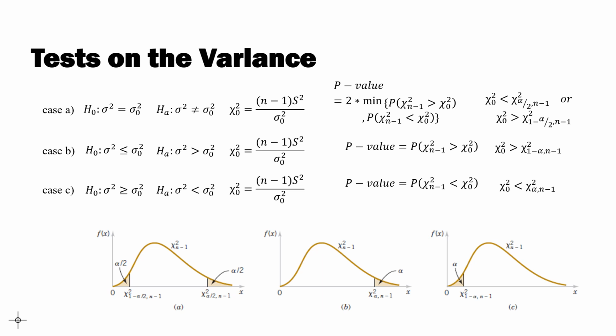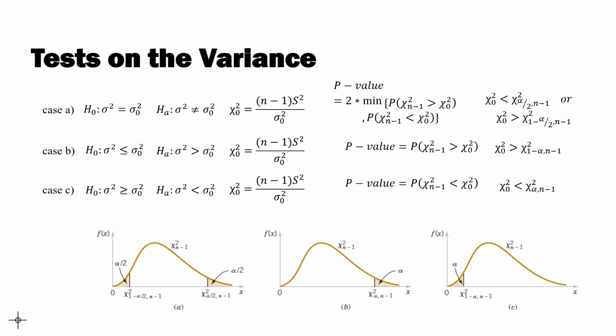The lower-tailed test, case C, is used when we are specifically testing whether the population variance is smaller than the hypothesized value as stated in the alternative hypothesis. In this case, the p-value is calculated by finding the probability of observing a chi-squared test statistic smaller than the one we calculated. A small p-value leads to a rejection of the null hypothesis.